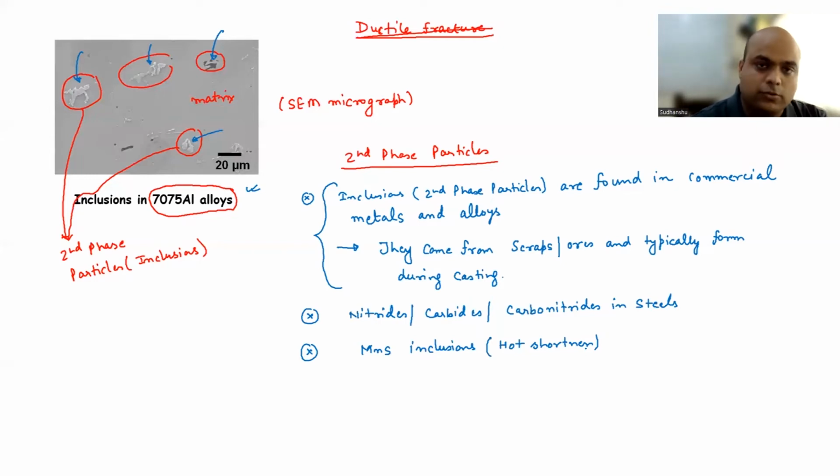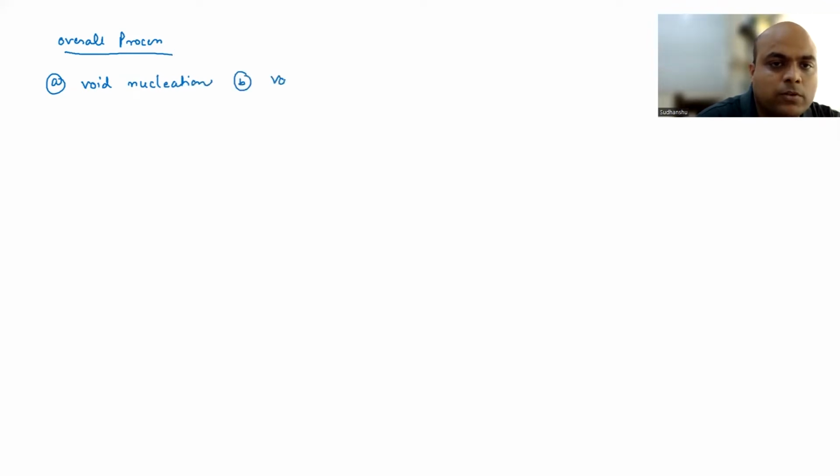So the overall process of ductile fracture in commercial metals and alloys starts with void nucleation, then void growth.